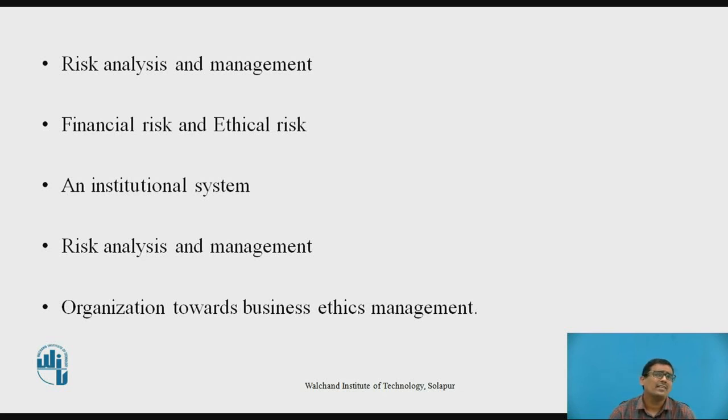The next component is whether there are ethics managers, officers and committees formed in the organization to deal with things like risk analysis and management, and to see that practices are followed properly. So whether there is a formal body within the organization to take care of these issues again shows the seriousness of the organization towards business ethics management.